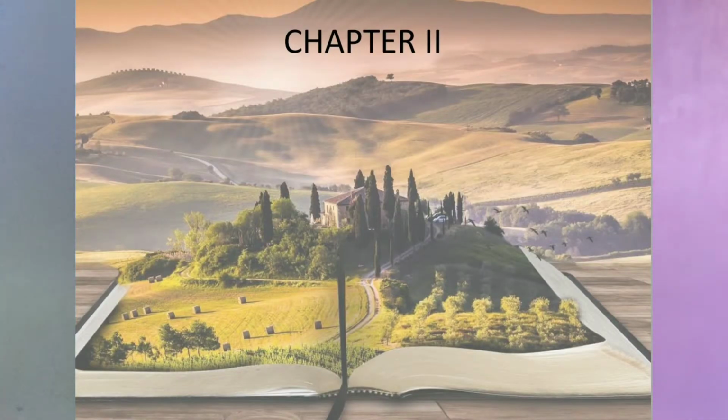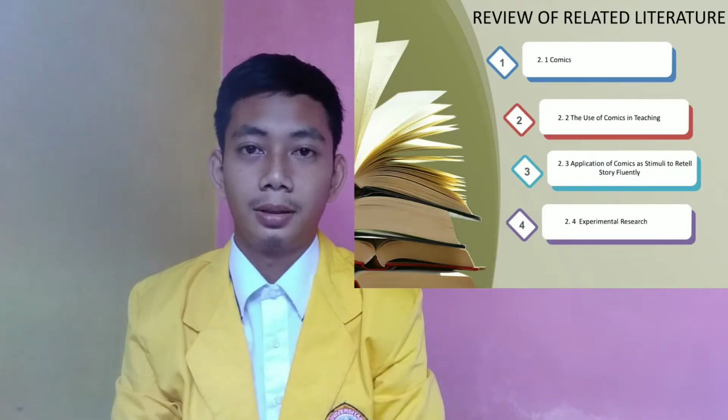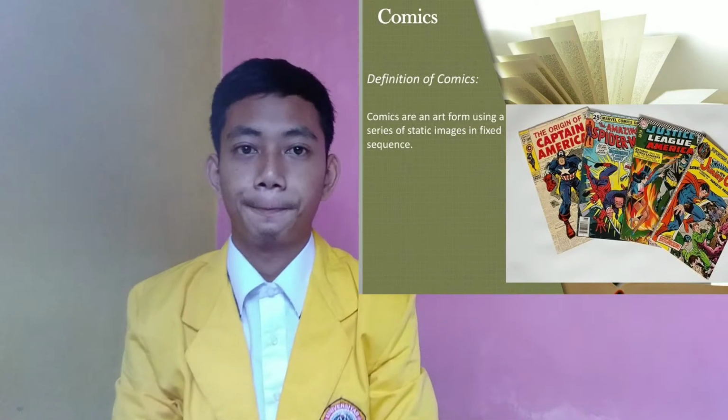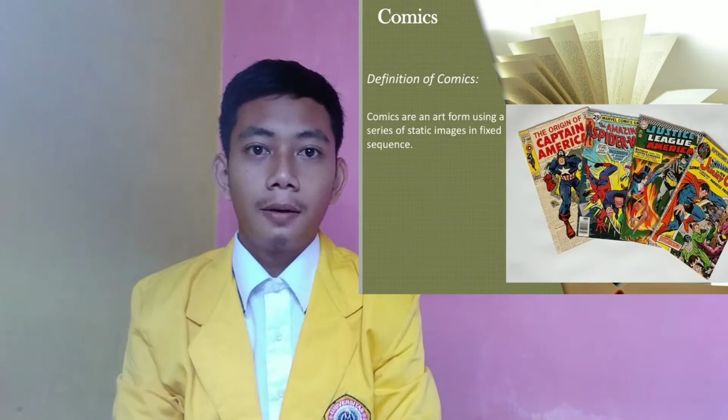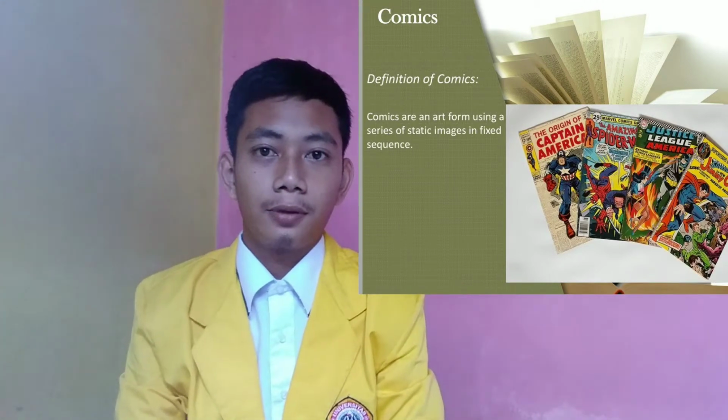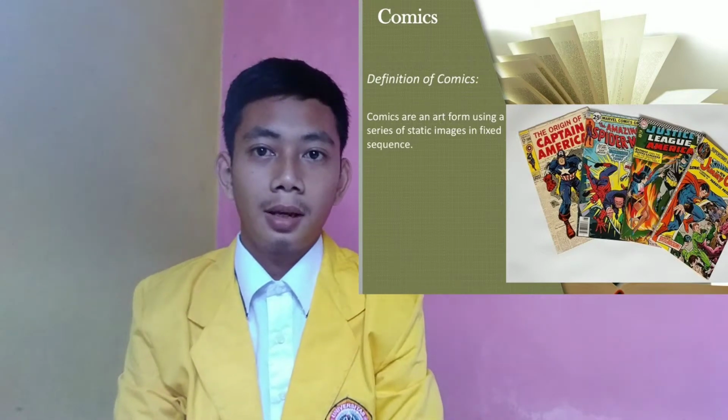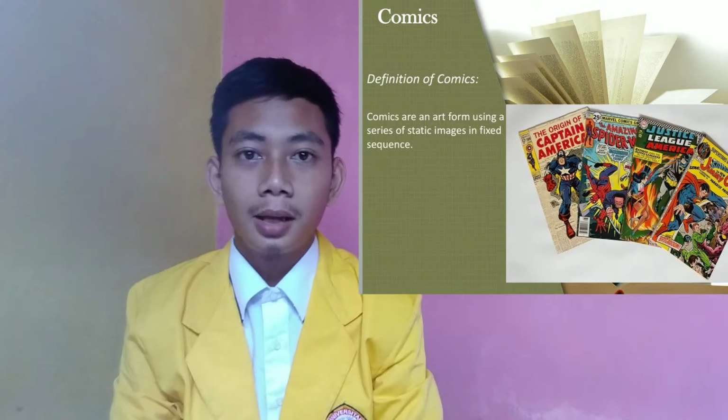Next, we are entering Chapter 2. There will be 4 main ideas in this chapter. First, what is the definition of comics? Comics are an art form using a series of static images in fixed sequence. Written text is often incorporated.